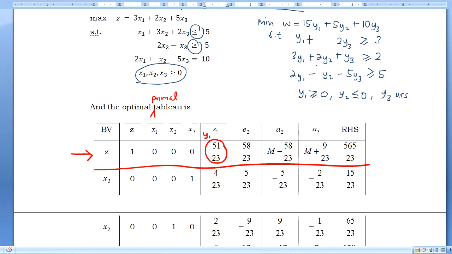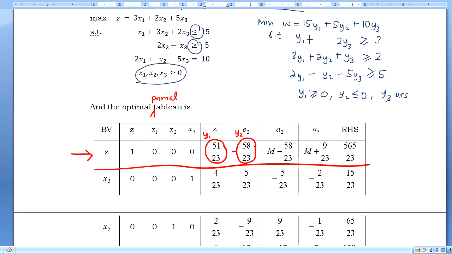Now the value of y2 depends on the second constraint of the primal. Since the second constraint is greater than or equal to, y2 is equal to the coefficient of E2 times negative. So this is the value for y2, but we need to multiply by negative.